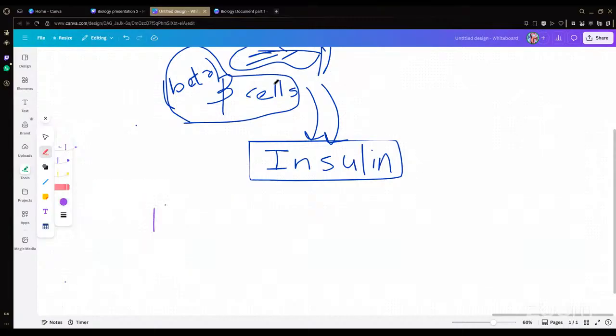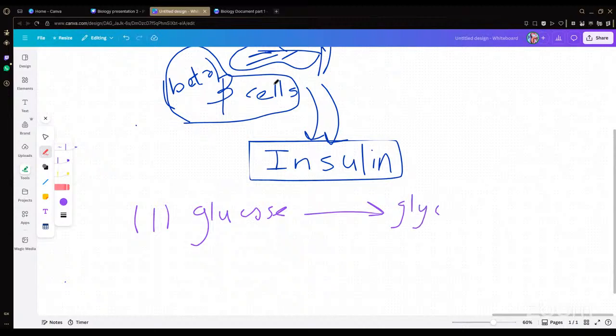The first thing it does is convert glucose to glycogen. And where is this stored? In the liver. So glucose is converted to glycogen and then stored in the liver.